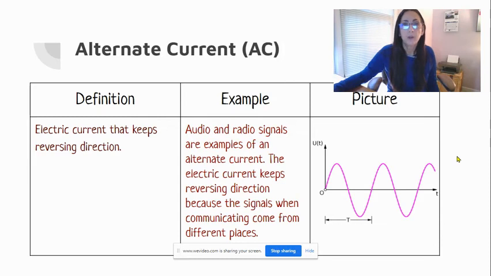Alternating current is current that keeps reversing direction. Whenever you plug something into an outlet in your home, you're using alternating current.